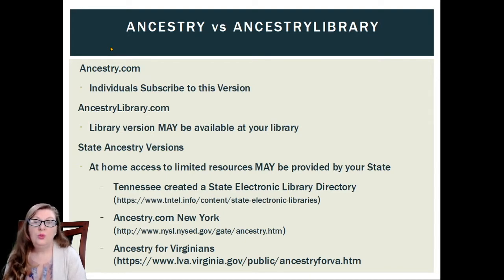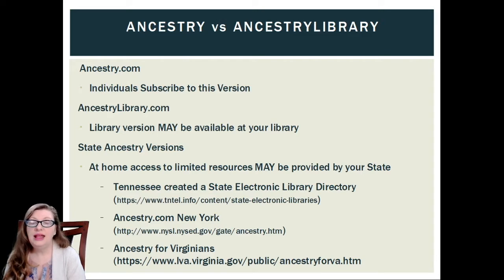So you would want to go, say, to Alabama, and see what they offer for people to access at home and that the state is paying for. Now, not all of them offer an Ancestry package, so you would need to look at each of your individual states to see what they offer.